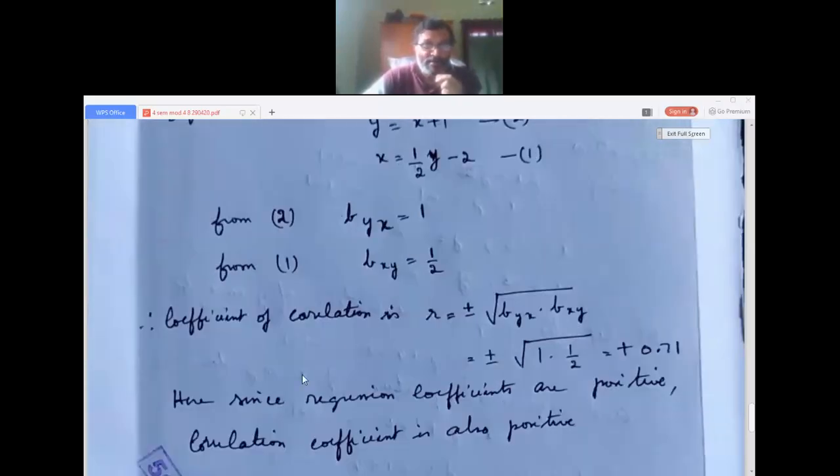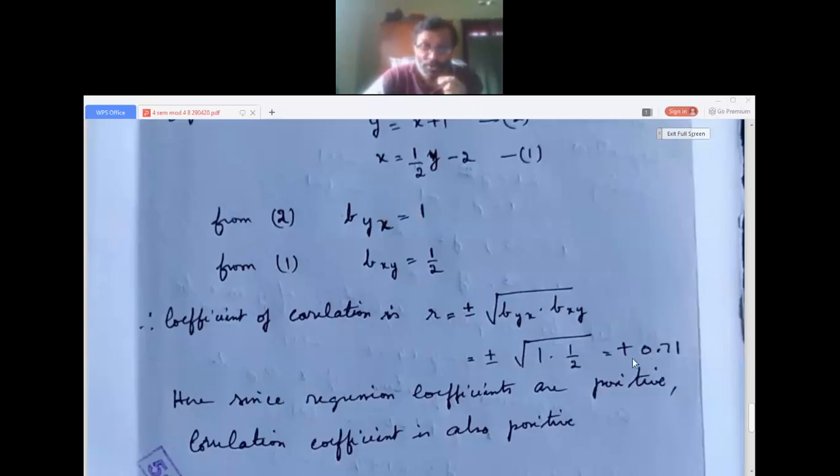Now we find r. The coefficient of correlation r is given by plus or minus the square root of byx into bxy. So r equals plus or minus the square root of 1 into half, that is approximately 0.71. And then the question comes whether it is positive or negative. You can see here both the regression coefficients, byx and bxy, are positive.